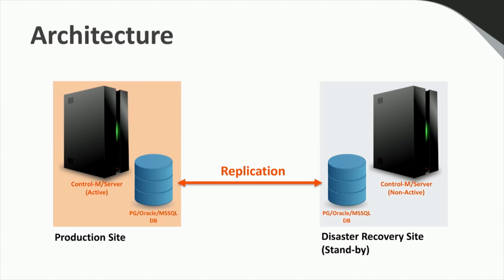In this picture, you can see the architecture. On the left side, we have our production or primary site, where we have our primary Control-M server with its database. This can be either Postgres, Oracle, or Microsoft SQL. On the right side, we have our DR site, where we have the DR Control-M server with its DR database too.